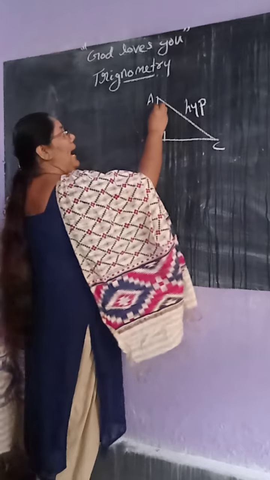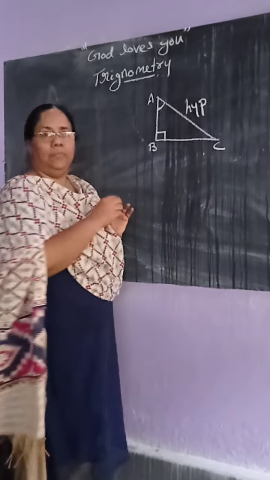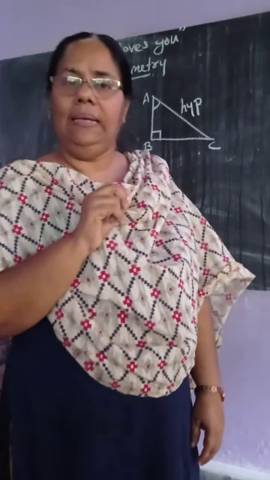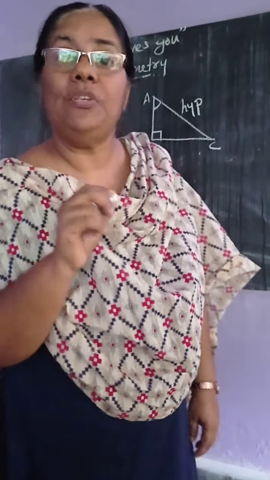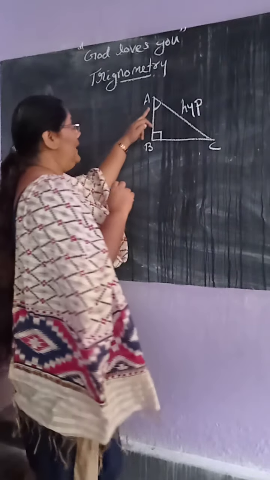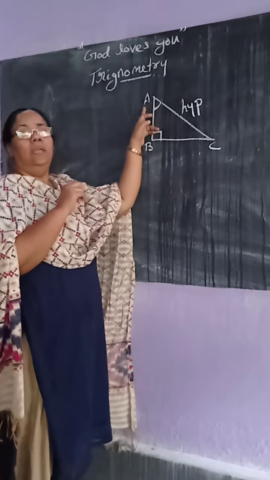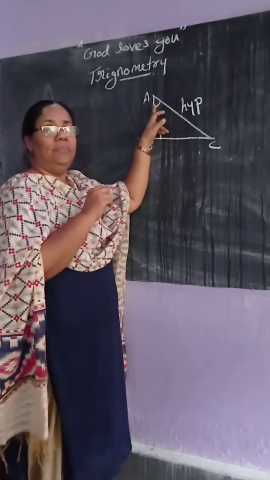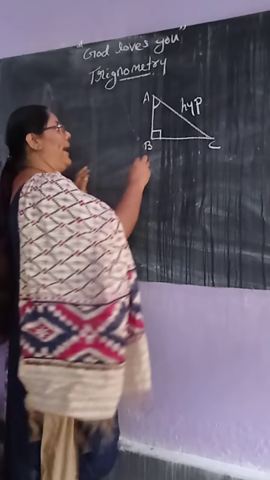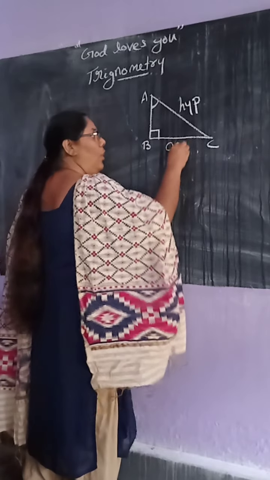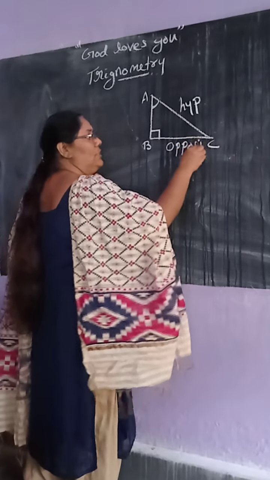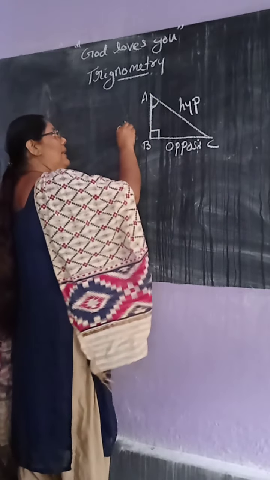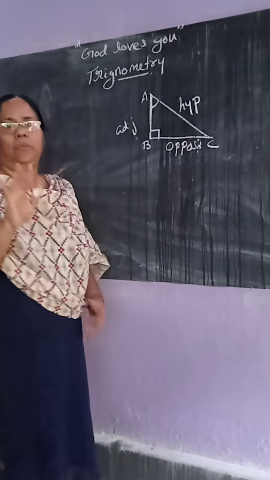If you select angle A, then the side opposite to angle A is known as the opposite side, and the side near to angle A is known as the adjacent side.